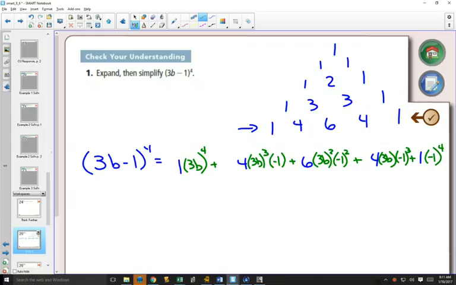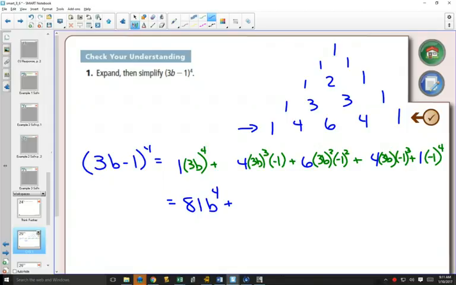3 to the power 4, from your powers chart, is 81. So our first term simplifies to 81b to the 4. Our second term, and sometimes you're going to want to simplify this in more than one step.